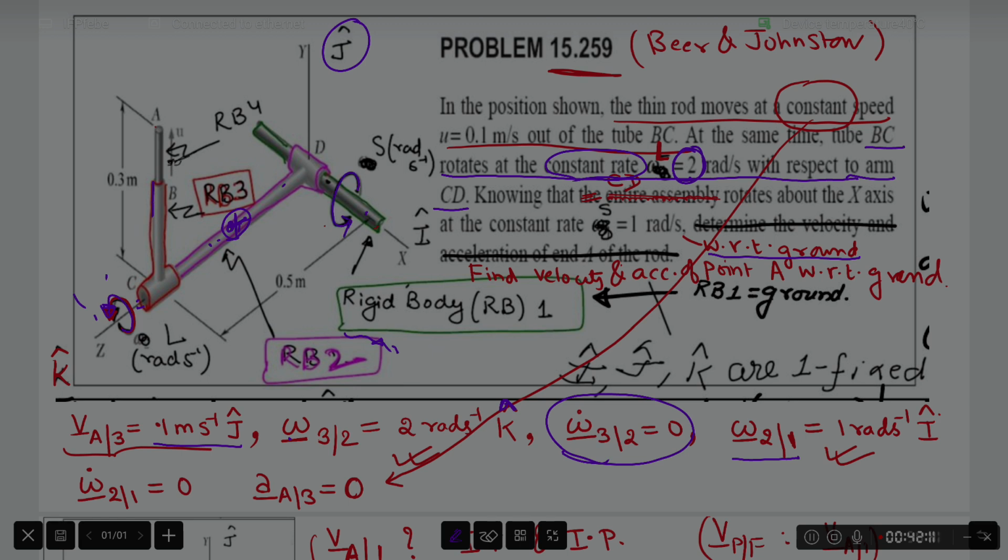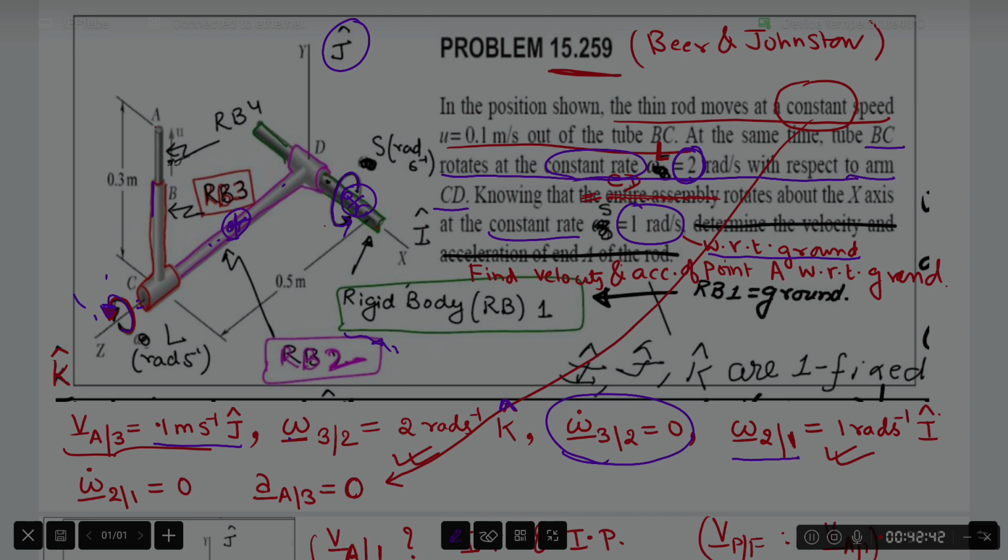Furthermore, since this is a constant rate, I infer the following. If I am an observer sitting on this rod, the angular velocity of the purple rod RB2 with respect to this man has constant magnitude, and that magnitude is 1 radian per second.